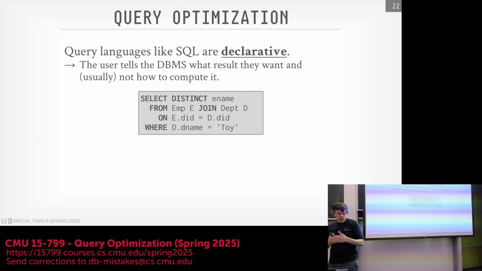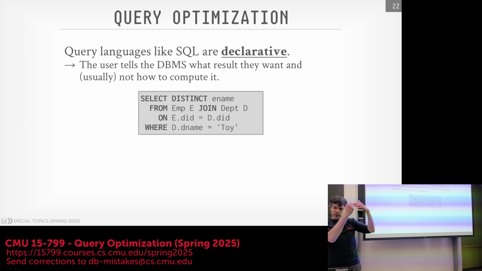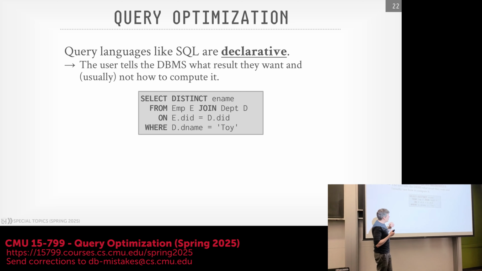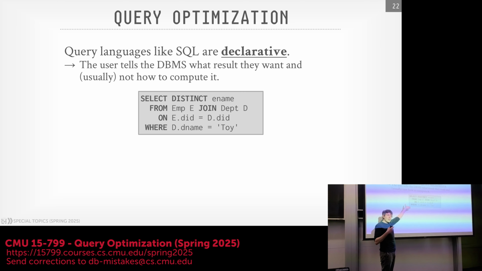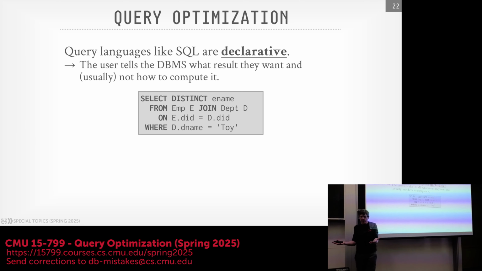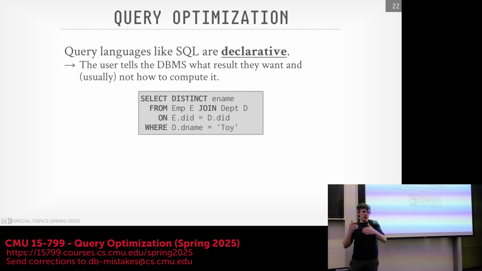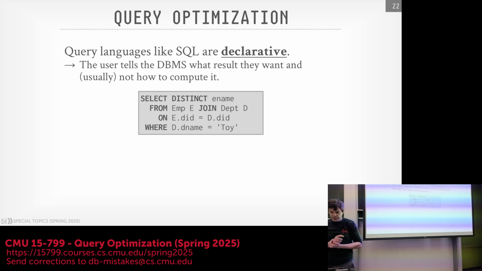A procedural query would be, here's my for loop, and here's my if clause for my filter. That would be telling exactly the algorithm you want the system to use to execute that query. Instead, in a declarative language like SQL, you just say, I want this answer. You care in the end, because obviously if it's crappy, it's slow, but you're not saying you want it done exactly this way. You're just saying, here's my query, please execute it in the most efficient way that you think is possible.